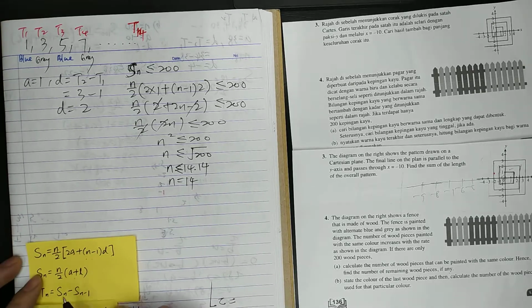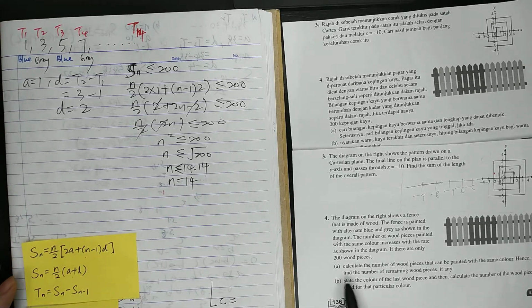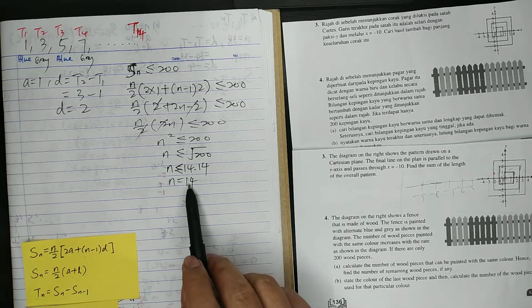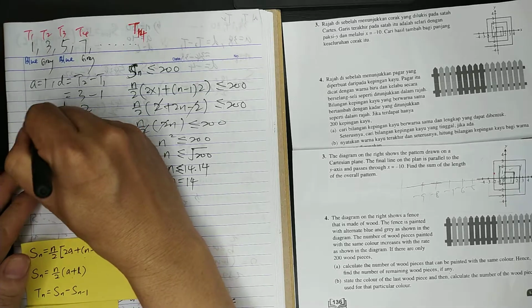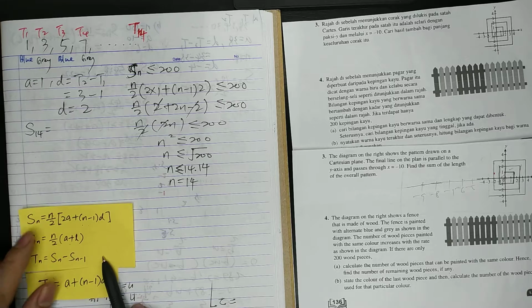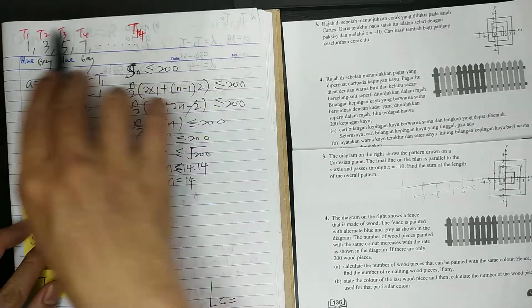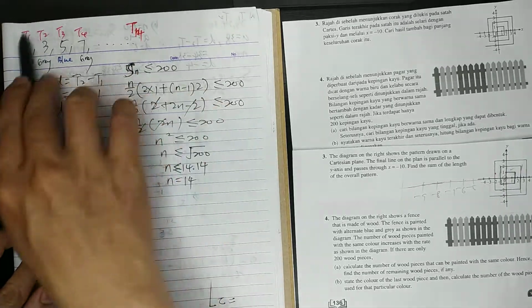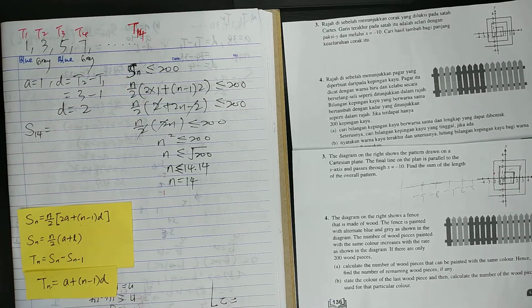Next, we want to find the number of remaining wood pieces. The total is 200, but because n is 14, we want to find S14. We use S14 to know the sum of all the terms.